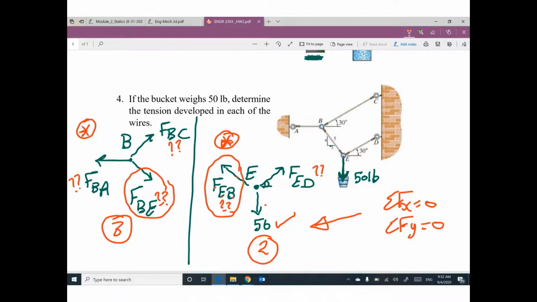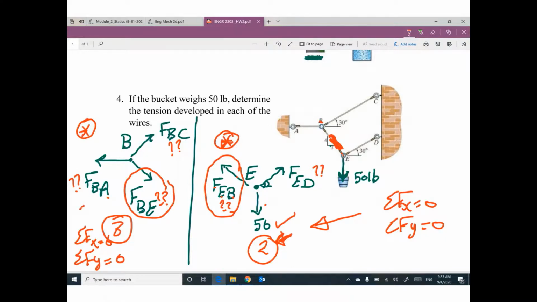Both of them are the same chord. This one is called BE or EB, the same. Then go ahead and apply summation f of x equals 0 and summation f of y equals 0 for this particle. Someone will ask me a good question: you told us to start with the least number of unknowns, so what will happen if I start with this one first?